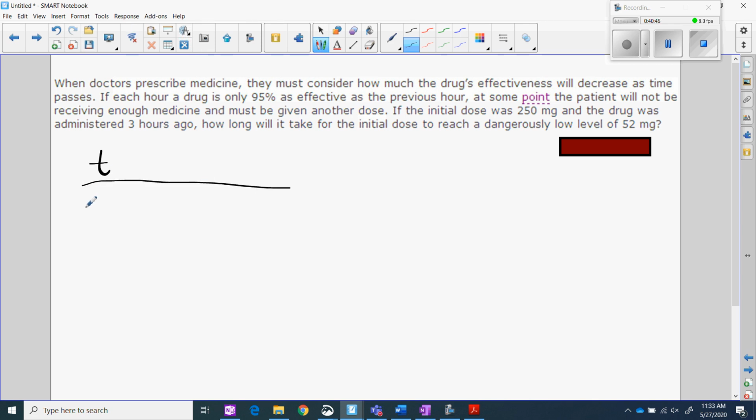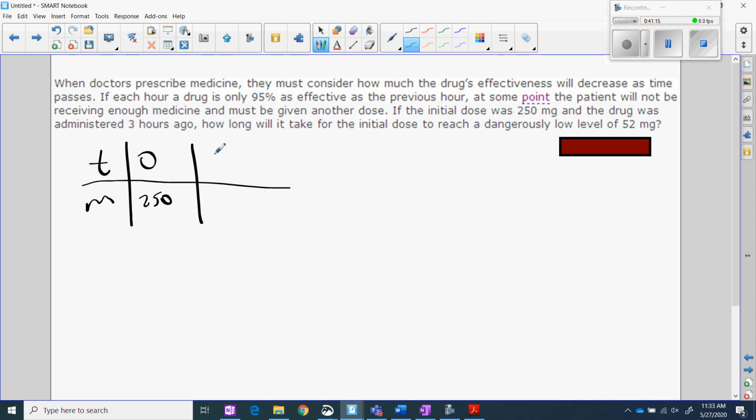And let's go with M, I guess, for mass, or some people use D for dosage, whatever letter you want to use. In the beginning, they received 250 milligrams. The drug was administered 3 hours ago. How long will it take to reach 52 milligrams? So here's my 95%.